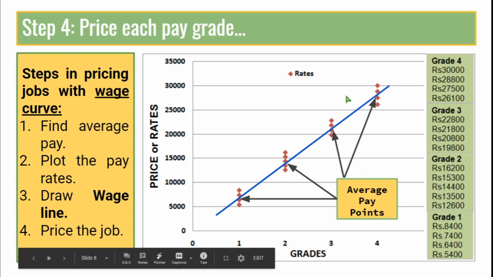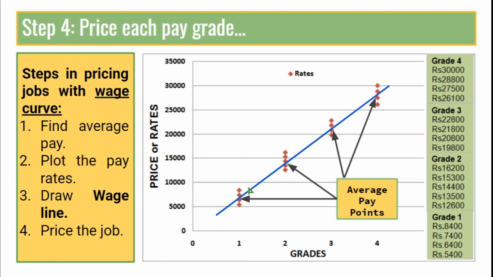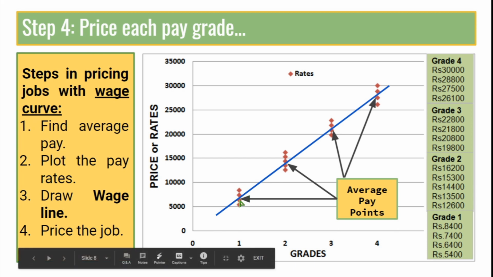Please understand that the number of pay rates for different grades depends on the vertical structure of the organization and its promotion policies also. Please see in the graph, for grade 1, BSF has created 4 pay rates, that is rupees 5400, 6400, 7400 and 8400, each represented by a brownish red square.